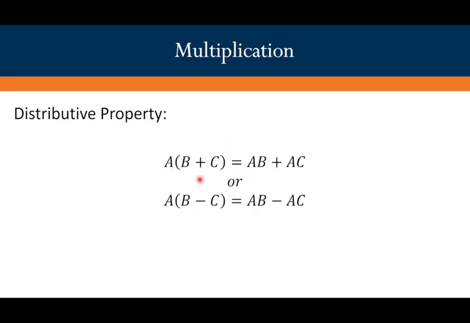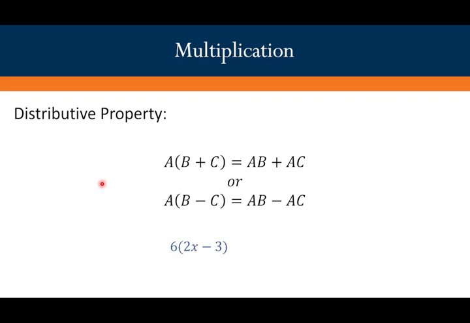This is just a general pattern, but what we're talking about distributing is you're going to multiply this term out here by each term. So it would be whatever a is times b, and whatever a is times whatever c is. And plus is going to be plus. Or if it's minus, a times b gives ab, and a times negative c gives negative ac.